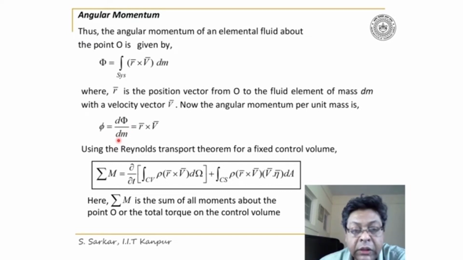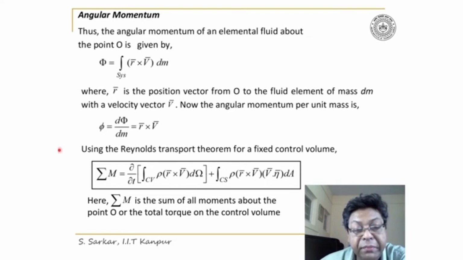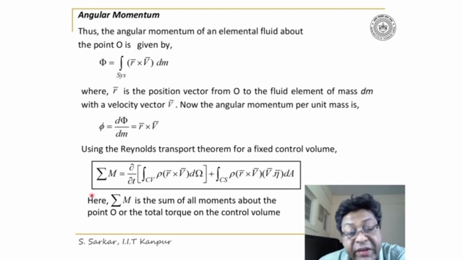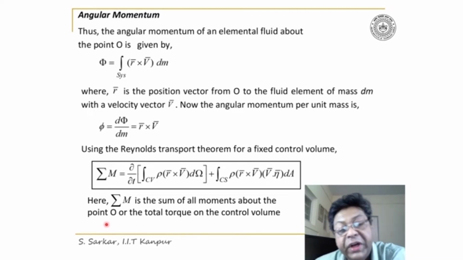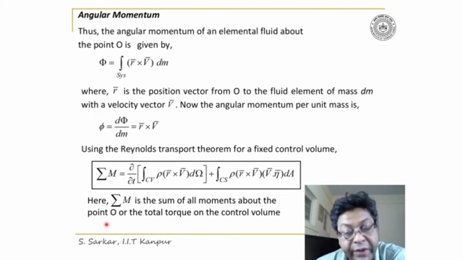So using the transport theorem for a fixed control volume, I can write sigma M, where sigma M is the sum of all moments of discrete elements of mass with respect to O, the fixed point with respect to the origin of the coordinate system.